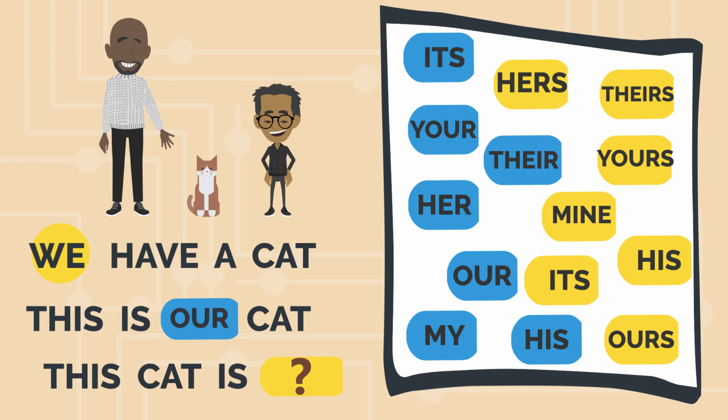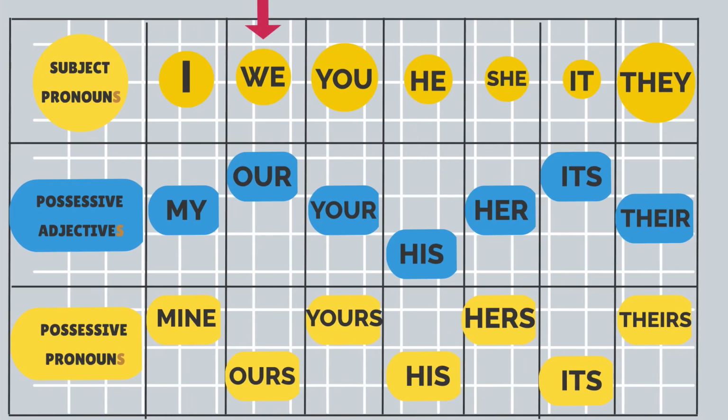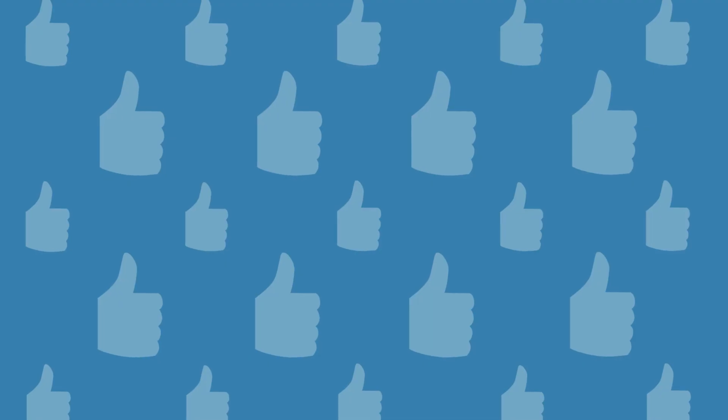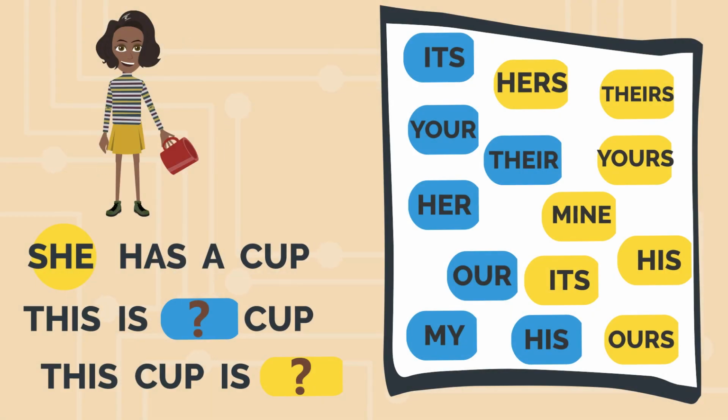This is our cat. This cat is ours. She has a cup. This is her cup. This cup is hers.